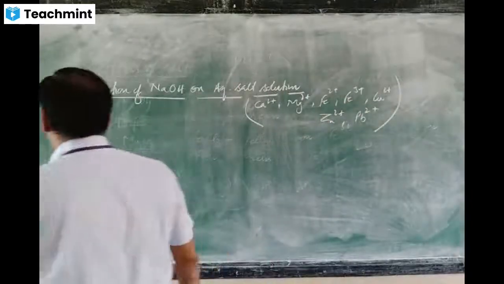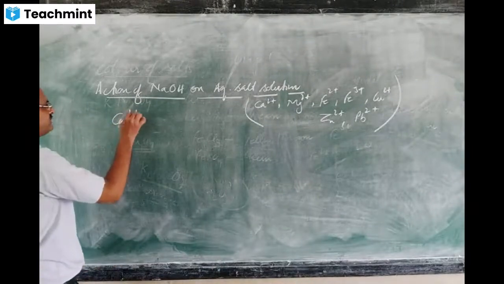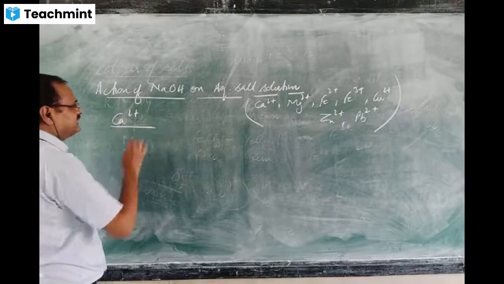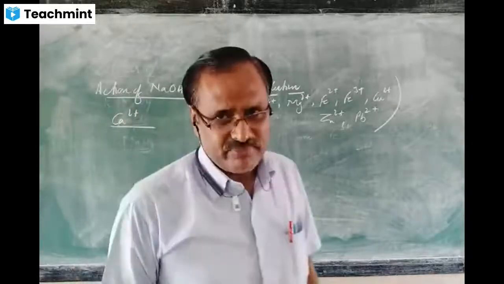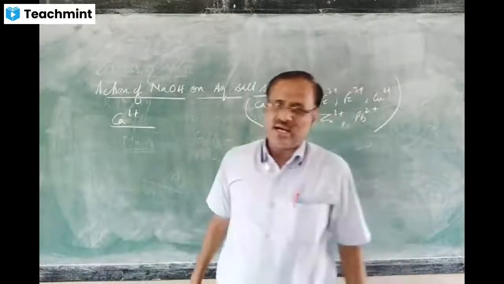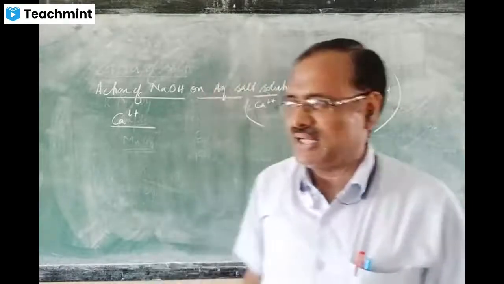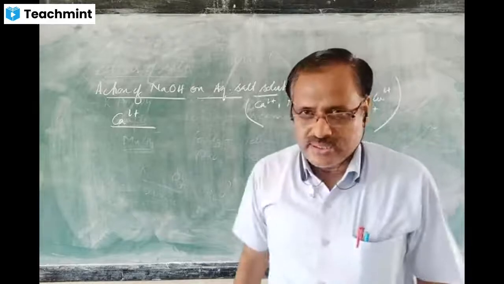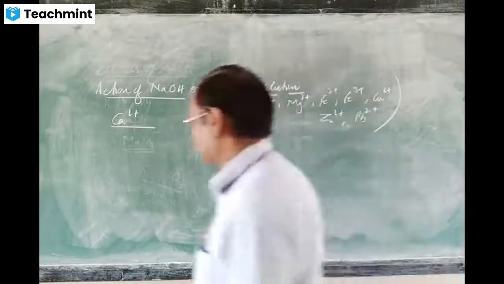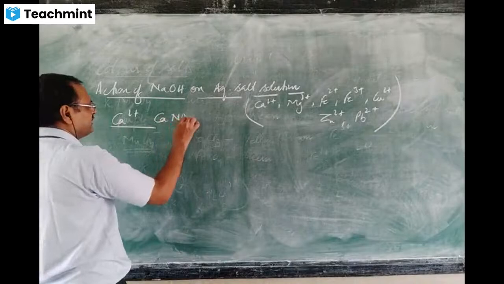So first of all, I am going to take calcium cations. Now the question for you: name some soluble salt of calcium. Calcium nitrate. Yes, correct. Calcium nitrate is soluble and can be used.